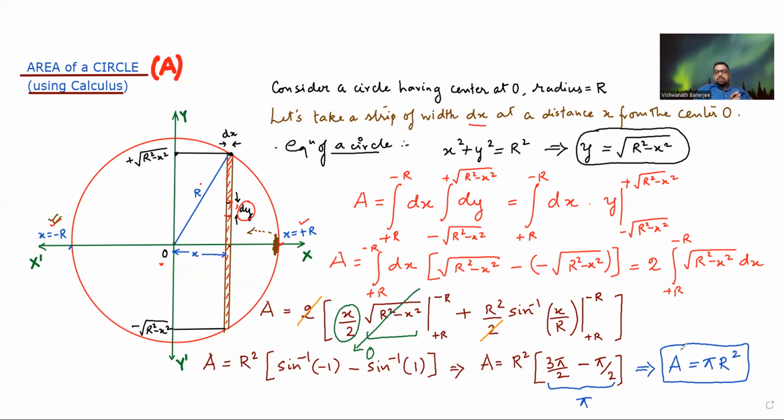Try doing this yourself, practice it. And look at the limits, because when you visualize things, how to choose the variable, how to take the limits, then the rest is all easy. Okay, so area of a circle is calculated using the calculus method.